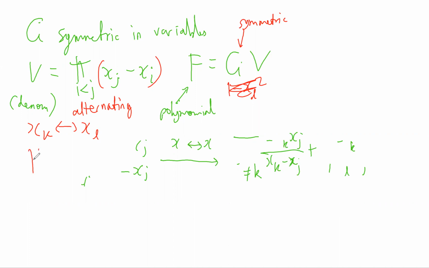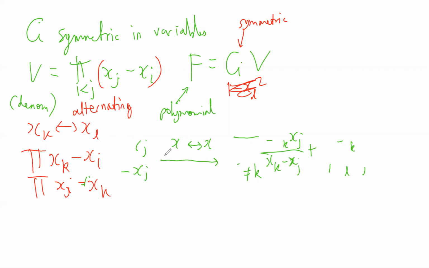So we have to consider what happens to the ones that have x k minus x i, and this product of x j minus x k, and the same for l. So the one that has k and l both in it, there's only one of those, yeah?